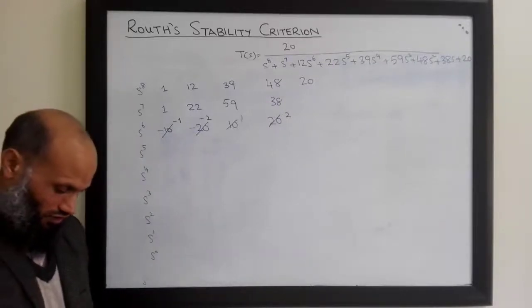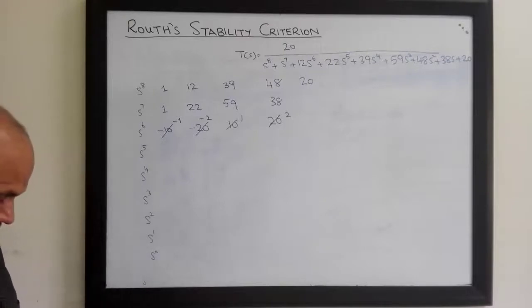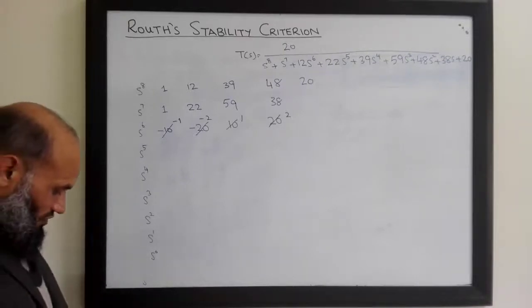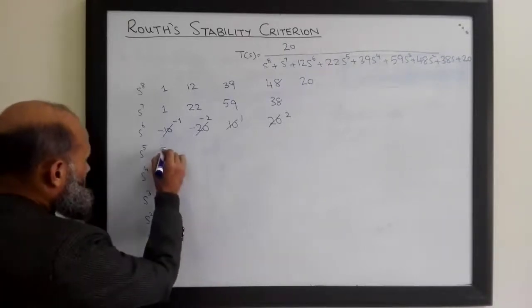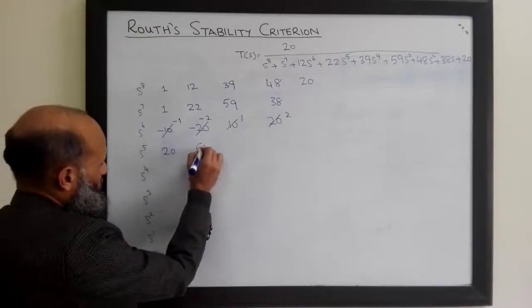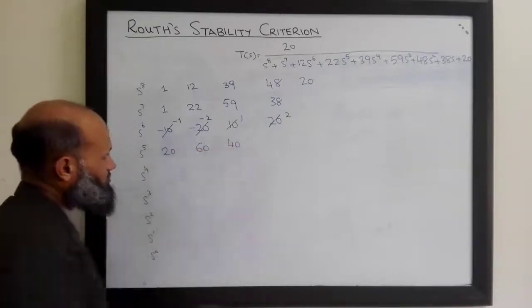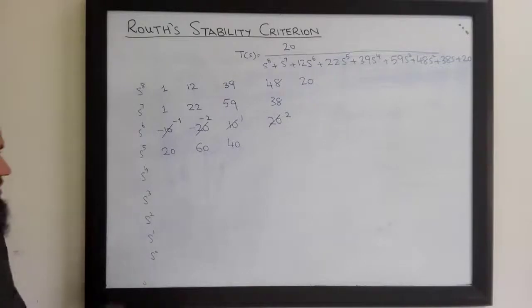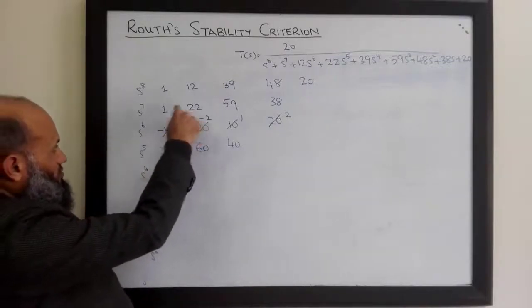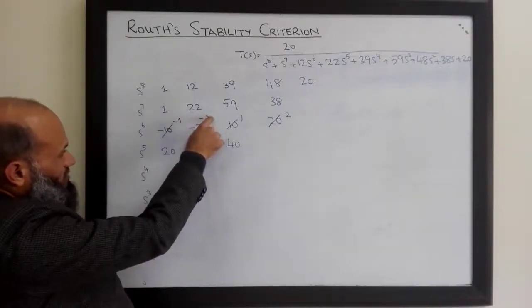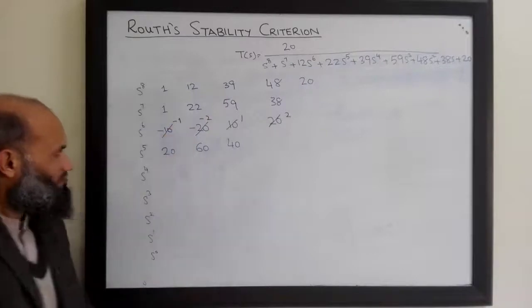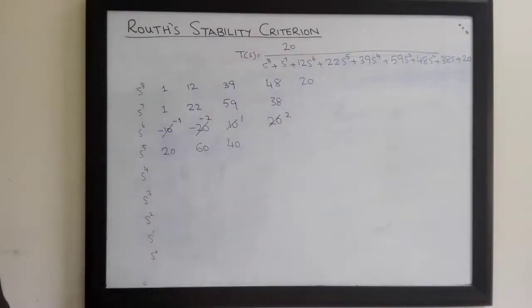If we proceed to the construction of the next row, we have 20, 60, and 40. You remember the procedure. This will be minus 22 minus 2 is 20, divided by minus 1. So here.